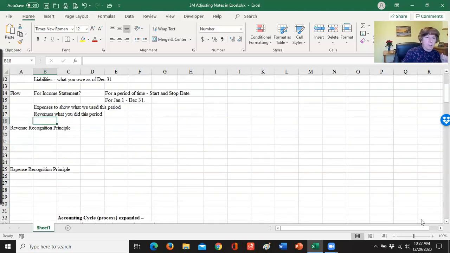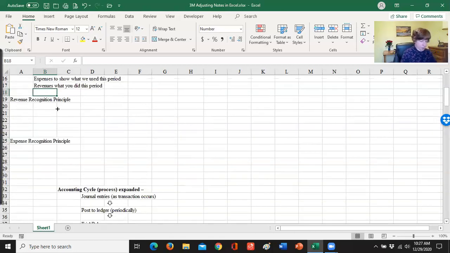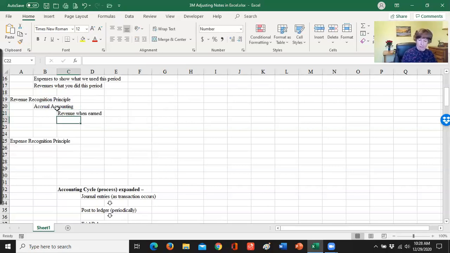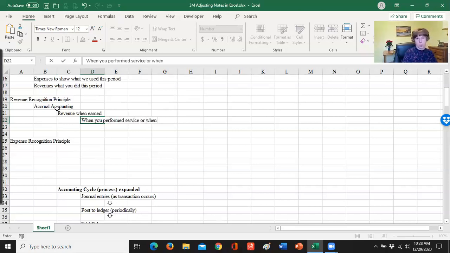So we've talked about the revenue recognition principle before when we talked about accrual accounting. Revenue recognition says we recognize revenue when it's earned. And again, earned is when you kind of performed the service or kind of when the goods are delivered.